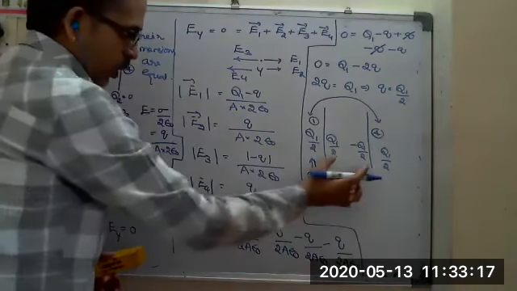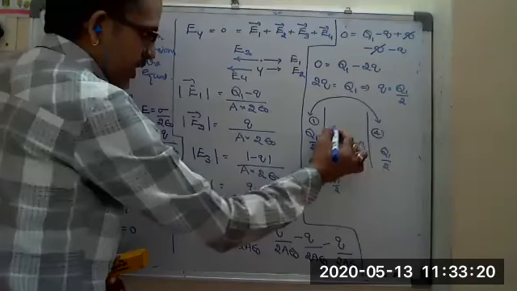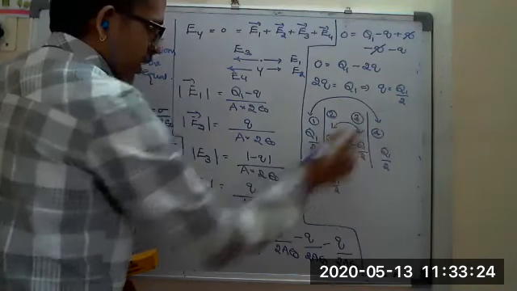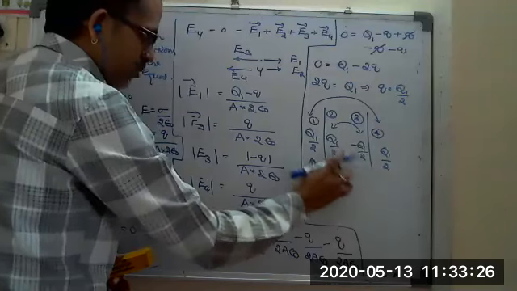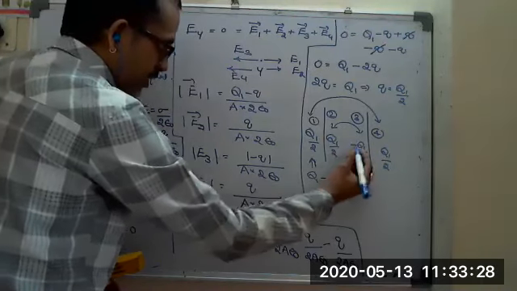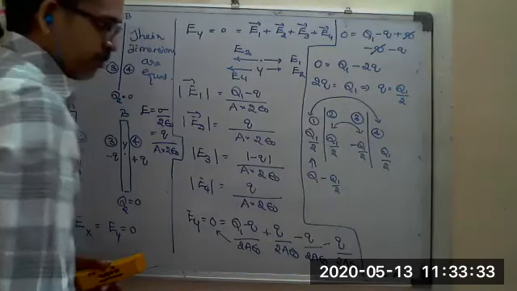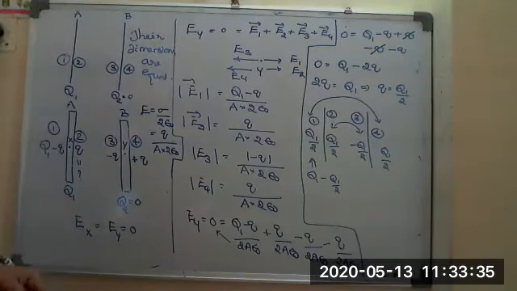And number 2, look at these two, opposite ends, these 2 and 3. They also have the same charge, but they are unlike, one is plus, other is minus. So these two shortcuts you have to remember to solve the numericals further.